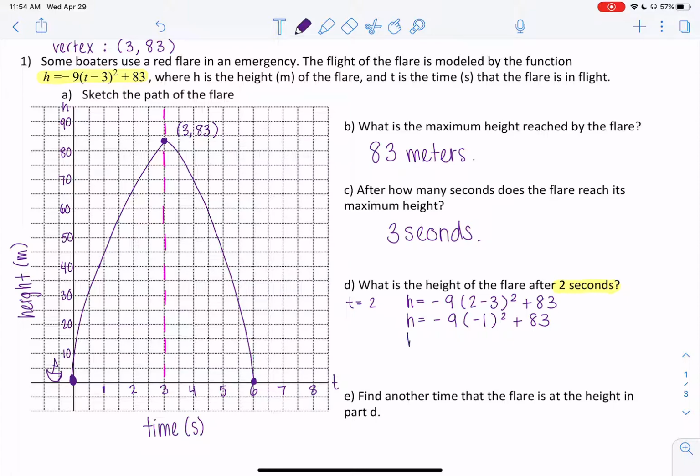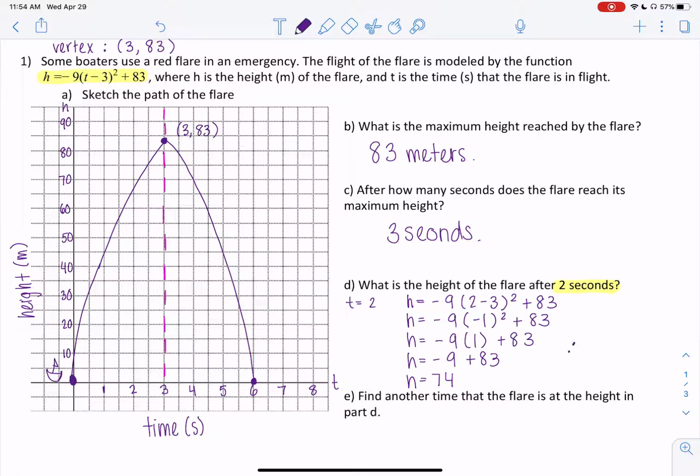Next, our exponents. Then we're going to deal with our multiplication. And finally, we're going to do the addition and subtraction. And we will get 74.